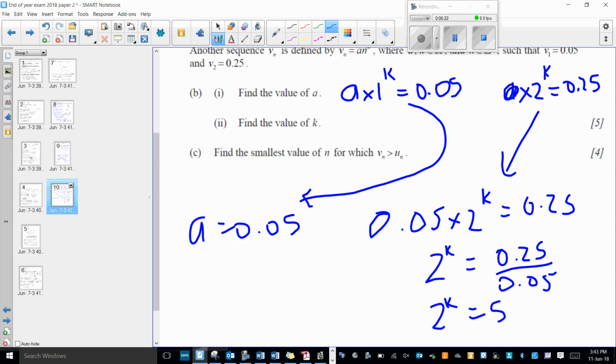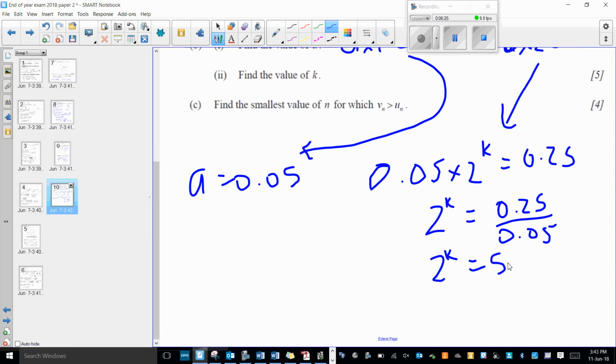To find k, we have to take logs of both sides. It can be any kind of log, base 10, natural log, whatever.